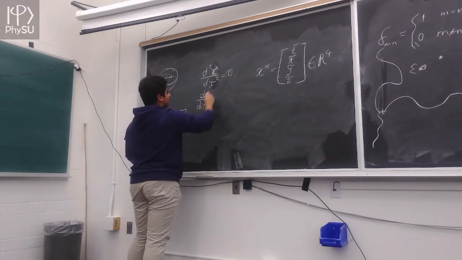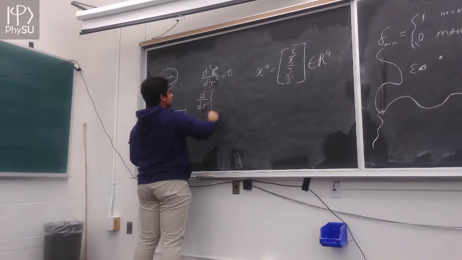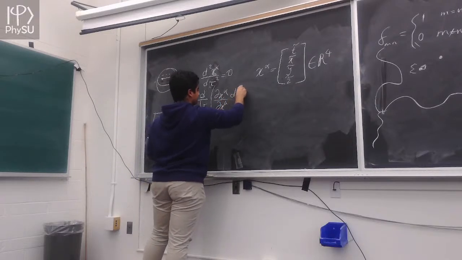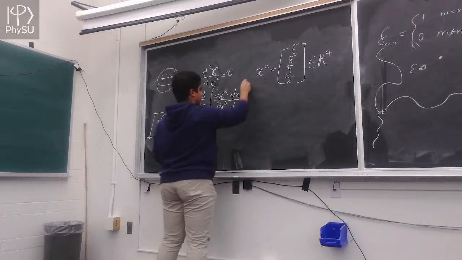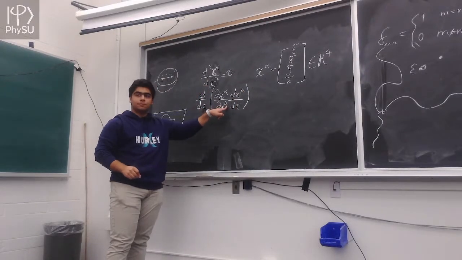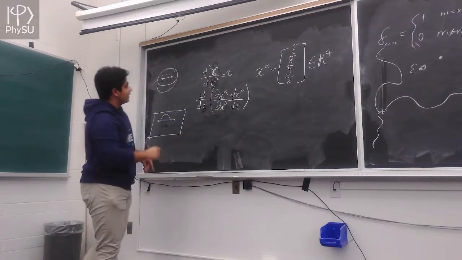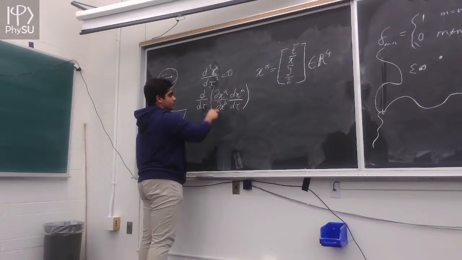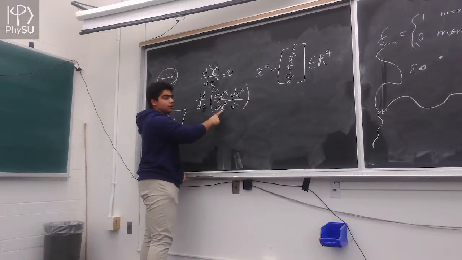So I'm going to say that this is the derivative of this same expression. Now, what is this x mu? That's the Greek letter mu. Here you have a derivative with respect to coordinates, right? These are the set of coordinates.